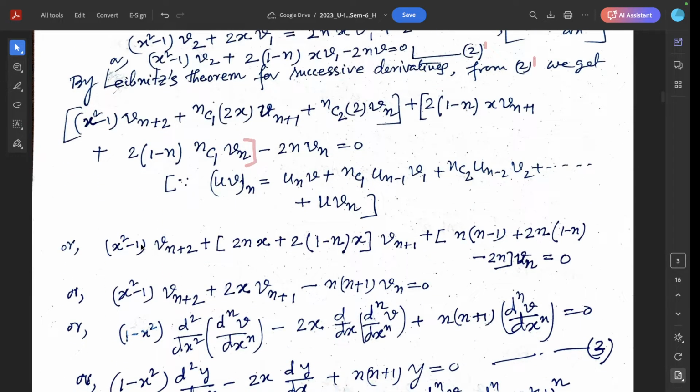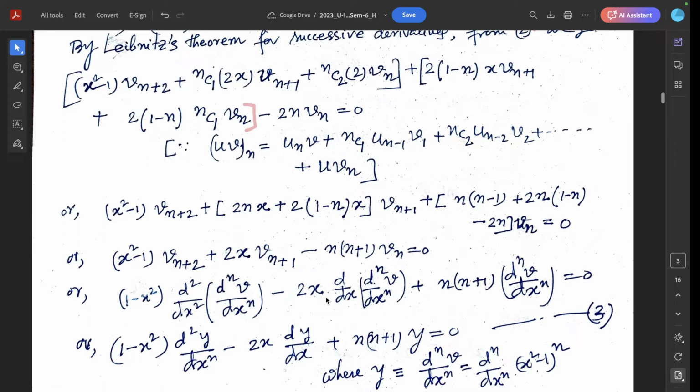So after simplification, we get (x squared minus 1) v_(n plus 2) plus (twice nx plus 2 into (1 minus n) x) v_(n plus 1) plus (n into (n minus 1) plus 2n into (1 minus n) minus 2n) v_n equal to 0.